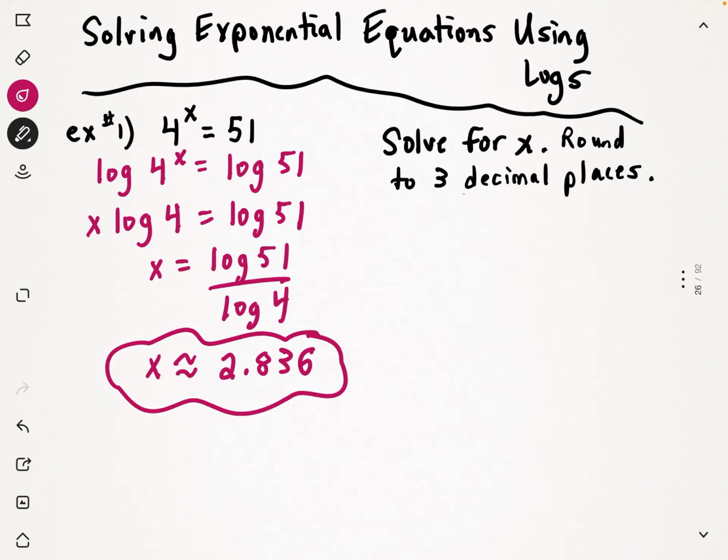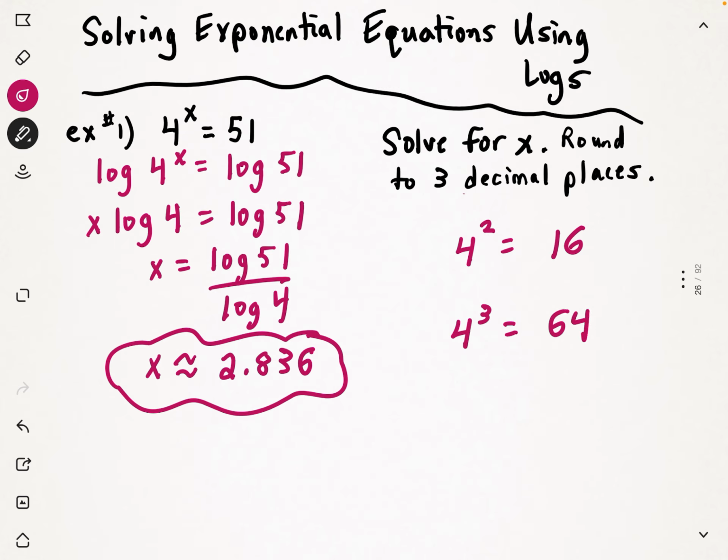Now, one way of checking if your answer makes sense is to return to the original question and look at the exponents. You know that 4 to the power of 2 is equal to 16, and 4 to the power of 3 is equal to 64.